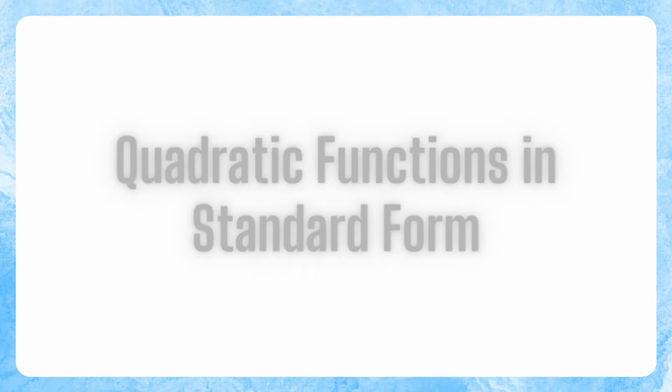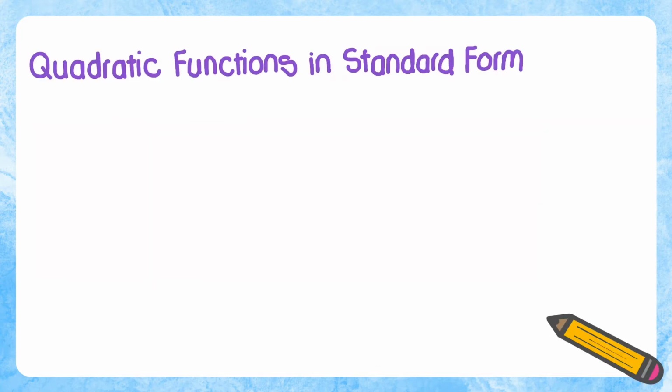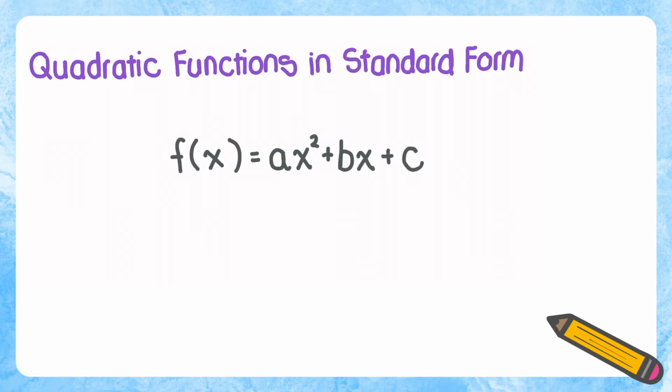What are quadratic functions written in standard form? Let's take a look. A quadratic function written in standard form looks like this. f of x equals ax squared plus bx plus c.